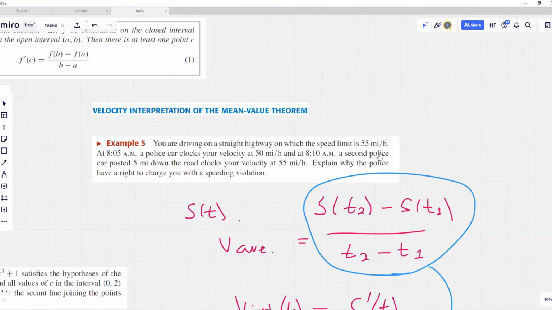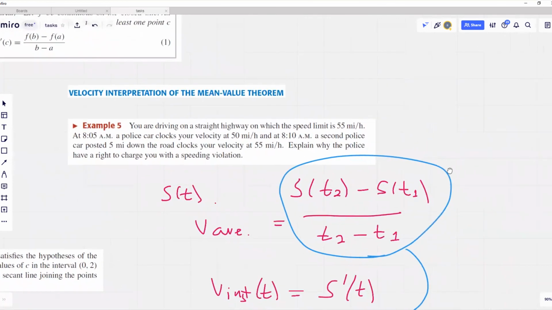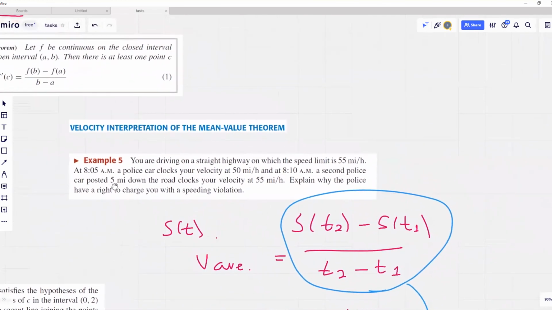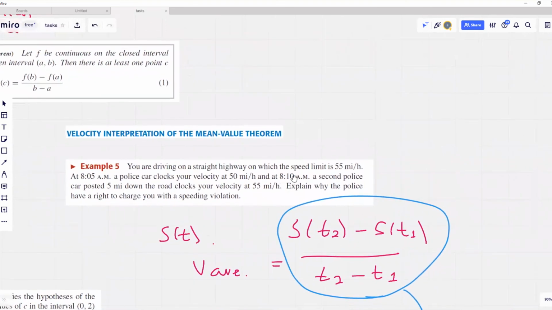So the speed limit here is 55 miles an hour. We have to show that there was at least one moment of time where your instantaneous velocity, the speed shown on your speedometer, was above 55 miles per hour. So let's measure your average velocity on that time interval from 8:05 to 8:10.